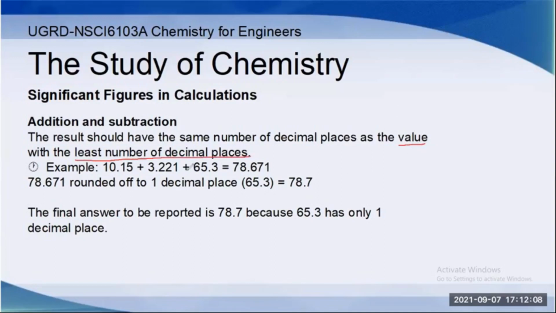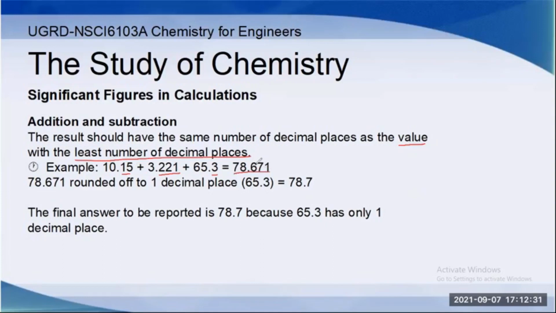Let's look at the values. We have 10.15, 3.221, and 65.3. Let's look for the value with the least number: 2 decimal places, 3 decimal places, 1 decimal place. So the result should have 1 decimal place since it is the least. Adding these 3 values, we have 78.671.